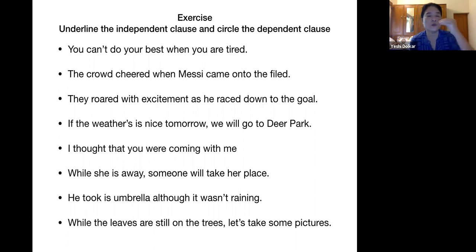What you have to remember here is that a dependent clause cannot be written as a sentence. You can't write it as a sentence and put a full stop. It would be wrong. It's a fragment, not a complete sentence, just a part of a sentence. To bring out its complete meaning, you must add an independent clause to this dependent clause.